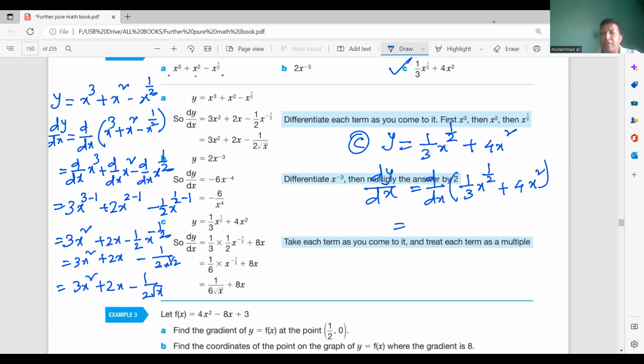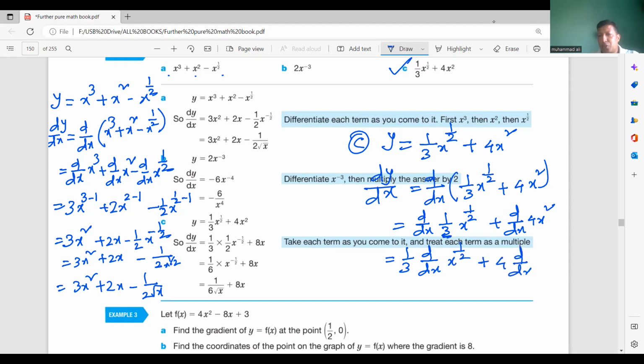Now try to do differentiation separately. So d by dx of 1 by 3 x to the power half plus d by dx of 4x squared. Now this constant you take first, 1 by 3, d by dx of x to the power half, plus 4 d by dx of x squared.